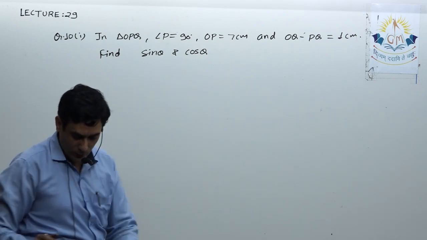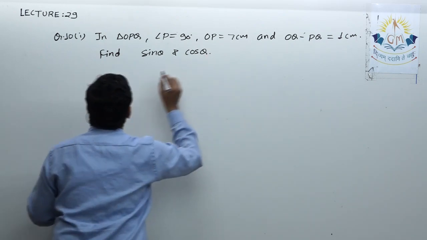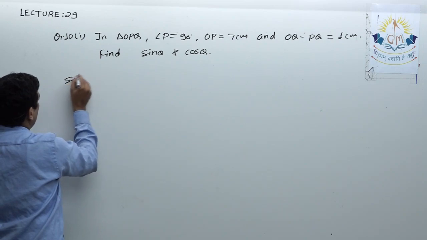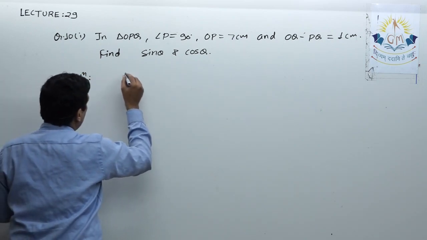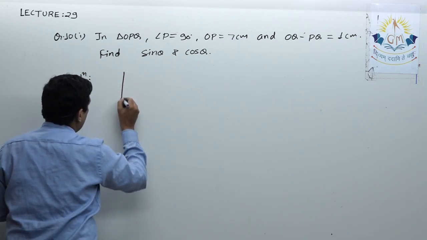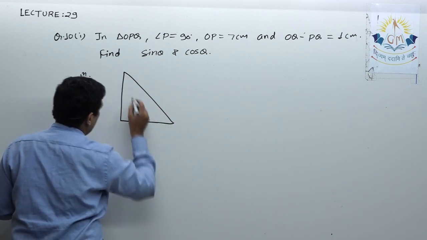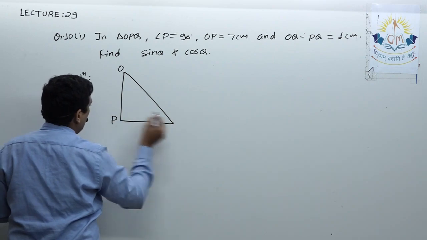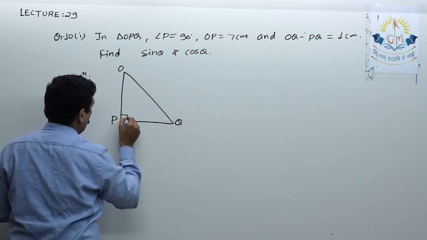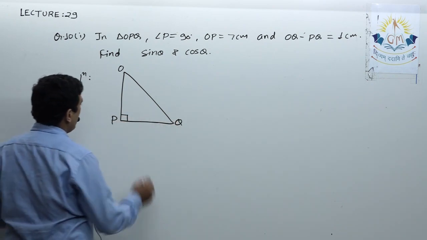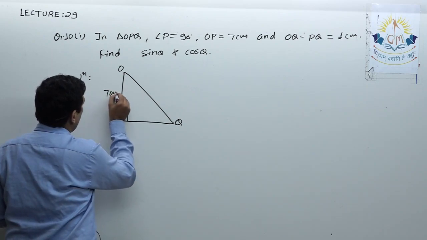So let us see how to find these values. First of all, OPQ is a right angle triangle, and its angle P is 90 degrees. Here OP is equal to 7 centimeter.